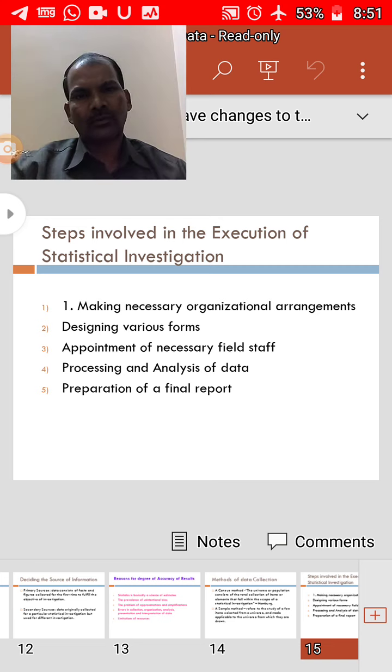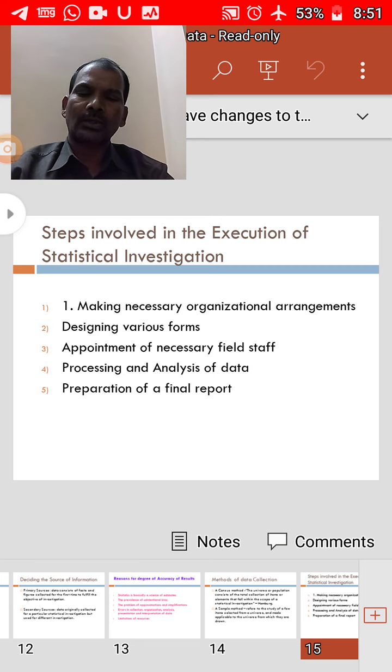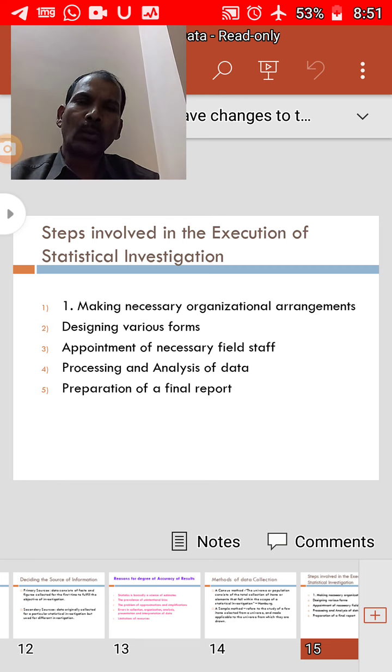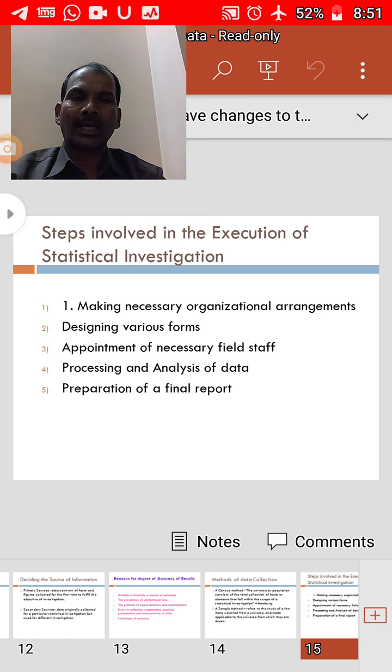Processing and analysis of data. Mass data collected through enumeration may contain heterogeneous elements which are in raw form. Such data must be processed and analyzed to make it suitable for further statistical treatment. The data so processed and analyzed will become intelligible and easy to understand.